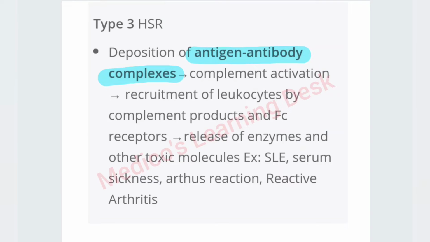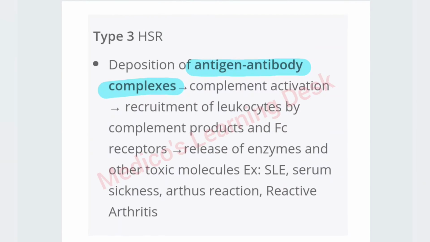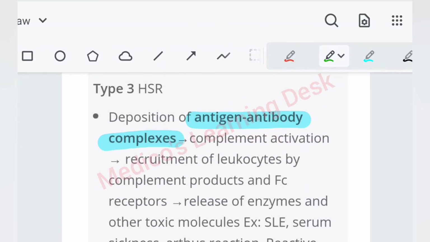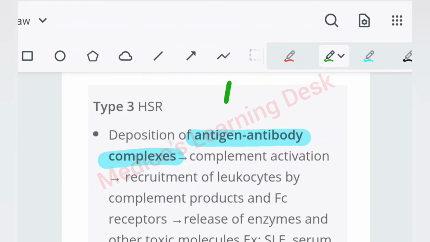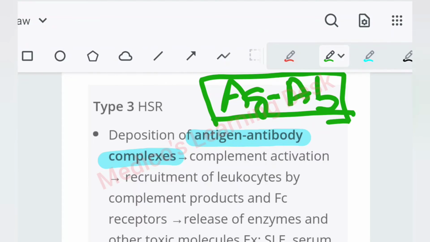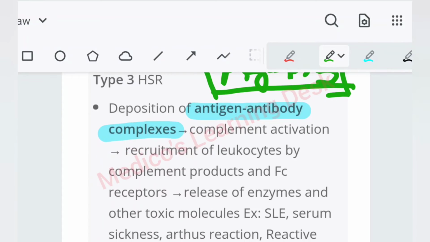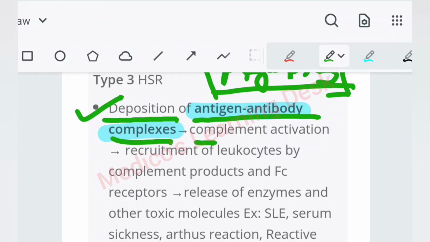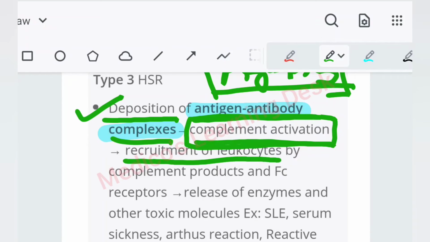Okay, so now first let's see the mechanism of the type 3 hypersensitivity reaction. What is the mechanism? There will be antigen antibody complexes. So that will be deposited, that is deposition of antigen antibody complexes will occur, that will lead to complement activation, and further it will recruit the leukocytes by complement products and FC receptors.